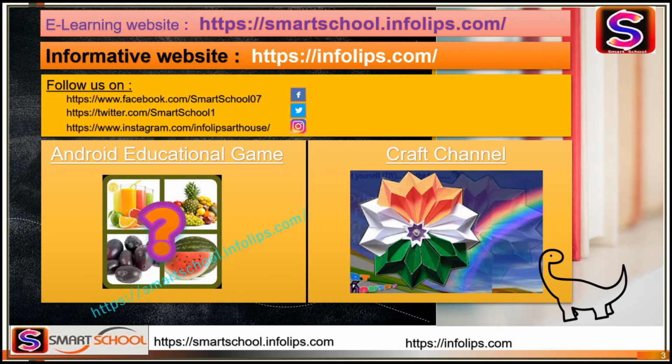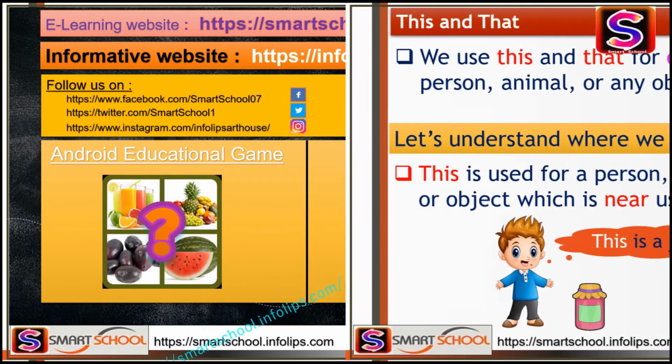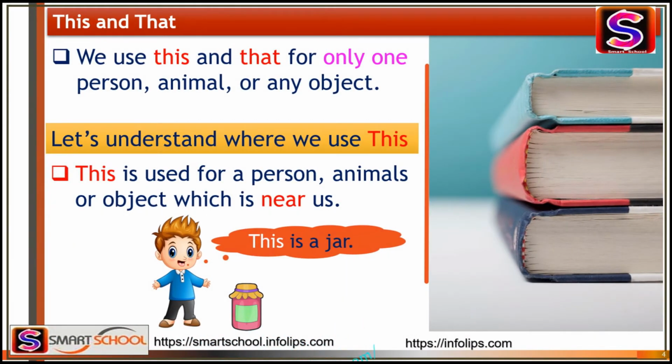So let's continue. That and this. We use this and that for only one person, one animal, or one object.